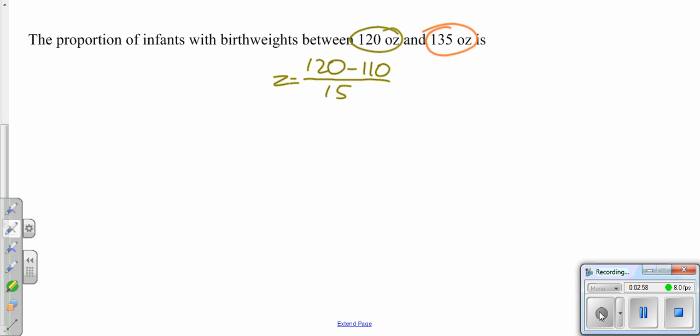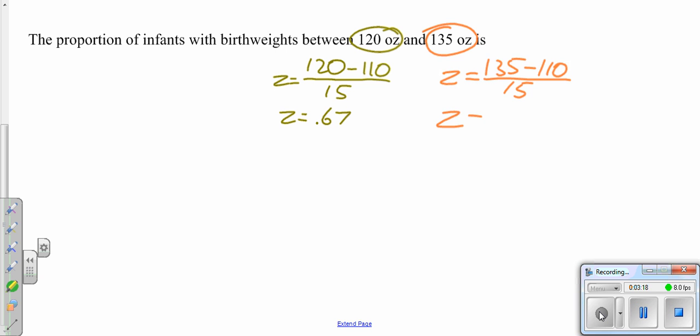And so then I end up getting 10 over 15, which is 2/3. And remember, I always want to go to 2 decimal points. I'm going to do the same thing for my orange one here, and go ahead and divide by 15. And I get my z-score to be a 1.67. Always going to the nearest 2 decimal points.